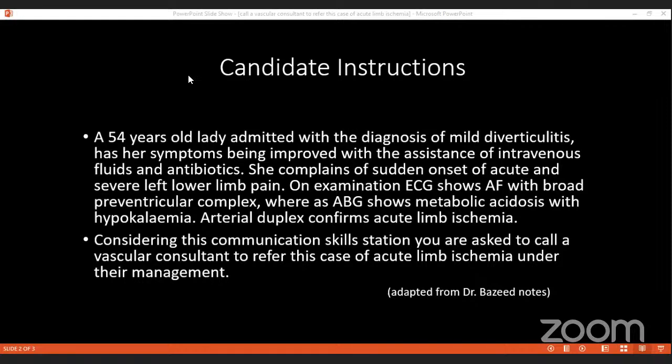An ambulance with equipment for monitoring, cardioversion and CPR equipment. Correct. Would you take anyone with you? Who would help you with the transfer of the patient? Would anyone accompany the patient?